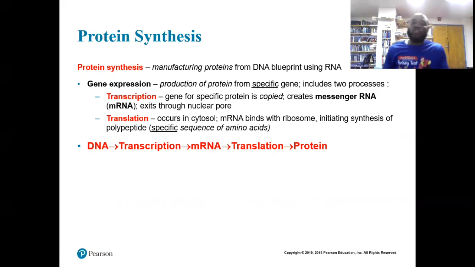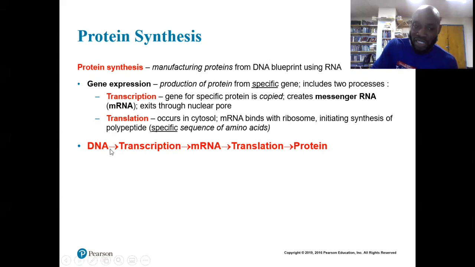So transcription, going from the gene, a specific section of DNA, to RNA. That RNA exits the nuclear pore, so exits the nucleus, binds to a ribosome, and then we have translation. Occurs in the cytosol, and that's an mRNA binds to the ribosome, and that RNA gets translated into protein.